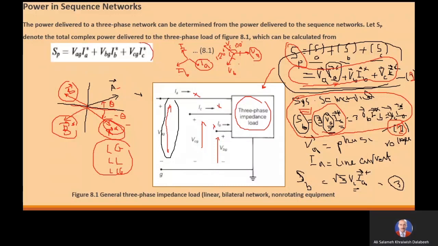This is the general form for calculating the apparent power. As we said, this is the power of phase A, the power of phase B, and the power of phase C.